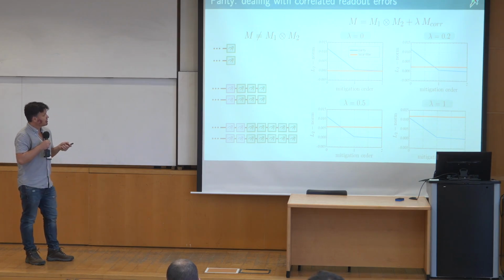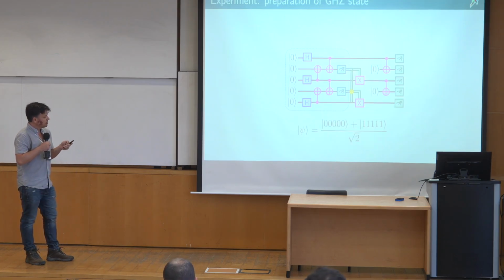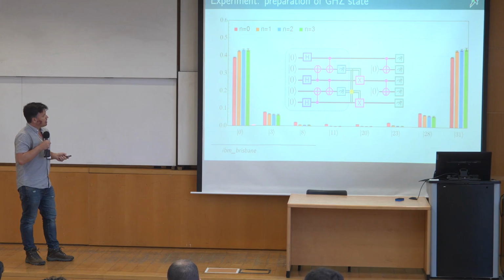And now I'm going to present an experimental result where we are implementing this circuit here to generate the GHZ state. Actually, we are implementing only this first part here because the second part we can implement in post-processing. So when we did this experiment, that was the result. As you can see here, the result is actually not that great.